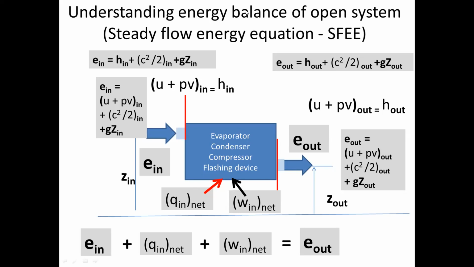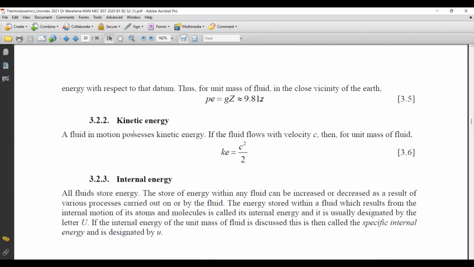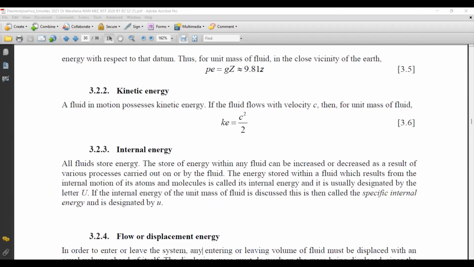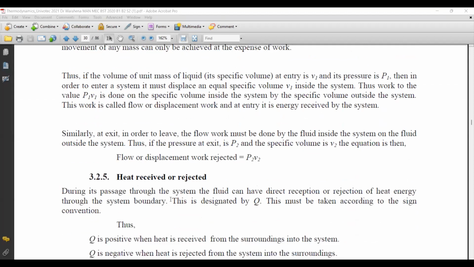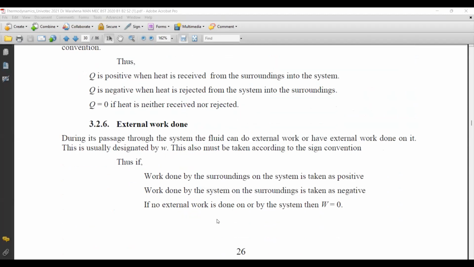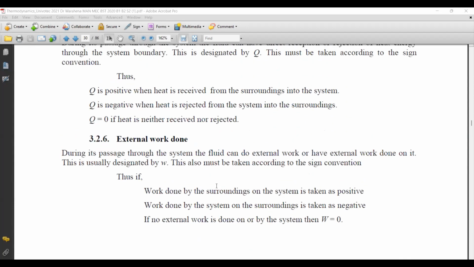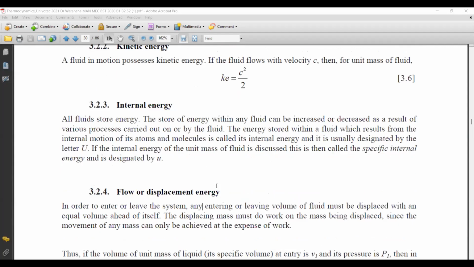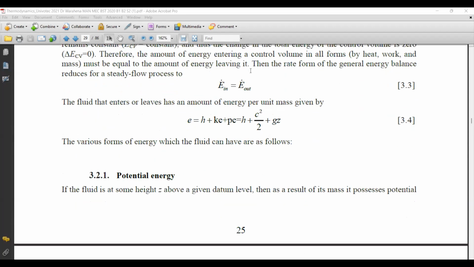You go here: potential energy, kinetic energy, internal energy, flow energy, heat received or rejected, that's Q net, and external work done, that is W. So these 6 components, you must have a very good sense of understanding beyond the memory of this. Okay.